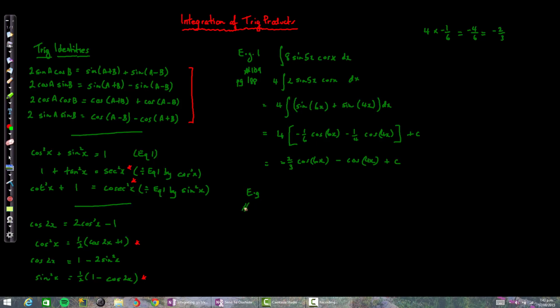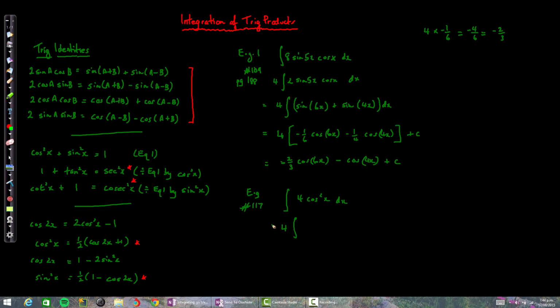and I'm going to take number 117 from your workbook, okay, where it's got 4 cos squared x. Now cos squared x and a 4, what can we do with that? Well, here we go, this is this cos squared x one. I can rewrite that like that, so let's do that, and let's take that 4 out the front.